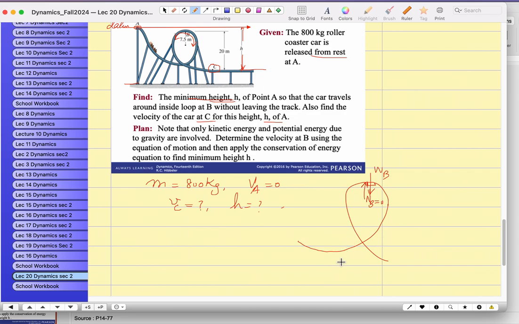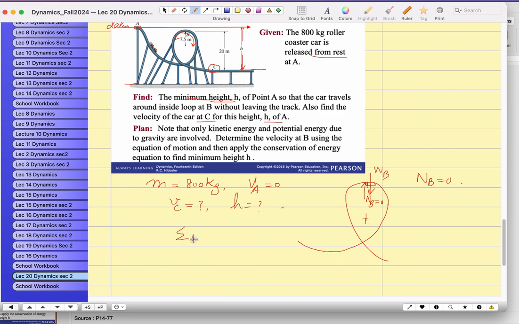It's barely touching, barely exerting force on the guides, because it's the minimum. Otherwise, if the height is too high, then it will push the railing backwards. So you have to have that imagination.